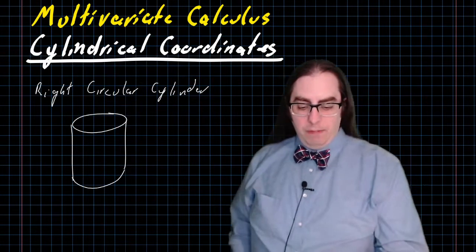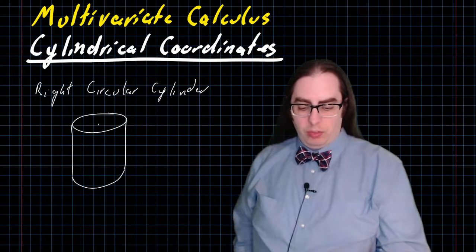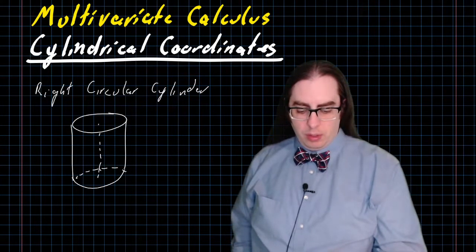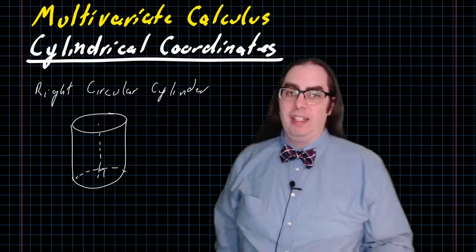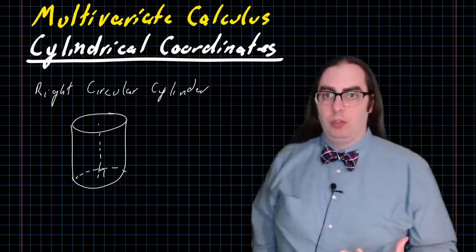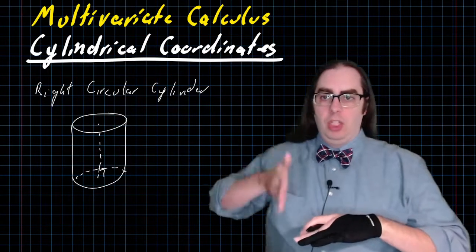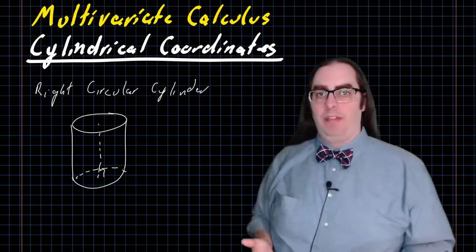One of the key features of the right circular cylinder is that it forms right angles, right? The surface that is the bottom and the surface that is the side are a right angle of each other.